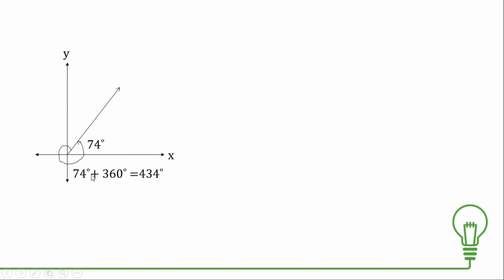So that is 74 degrees plus 360 degrees equals 434 degrees. This angle which measures 434 degrees is coterminal with the angle which measures 74 degrees. So that is when we are after a positive rotation.